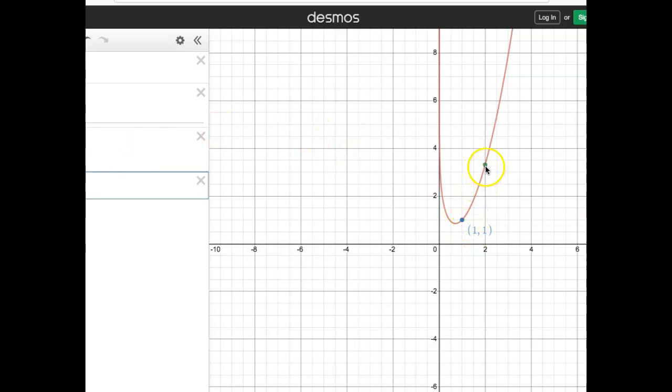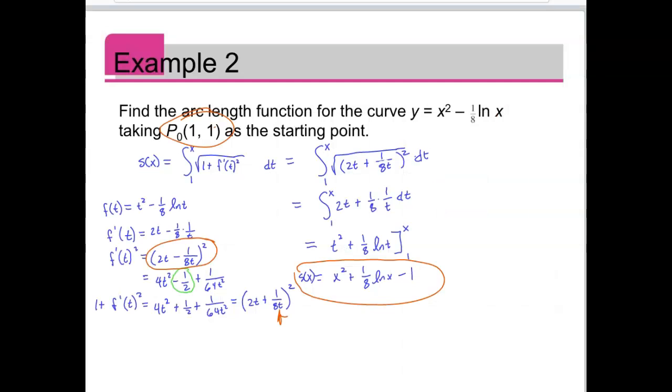that would be that point, right? And if I plug in 2 to my formula, it's going to give us the distance along that curve between those 2 points.